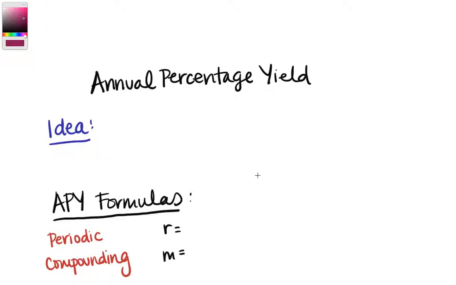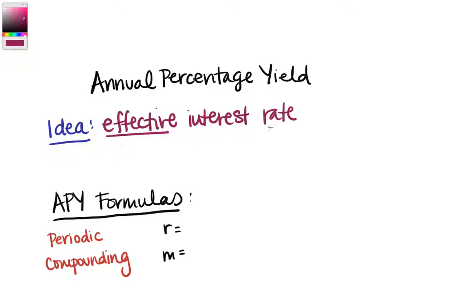Hello everyone, today we're going to be talking about annual percentage yield. Let's first talk about the idea here. The idea is annual percentage yield is your effective interest rate. What we mean by effective interest rate is we have these compounding interest rates on these investments that compound however many times a year or continuously.